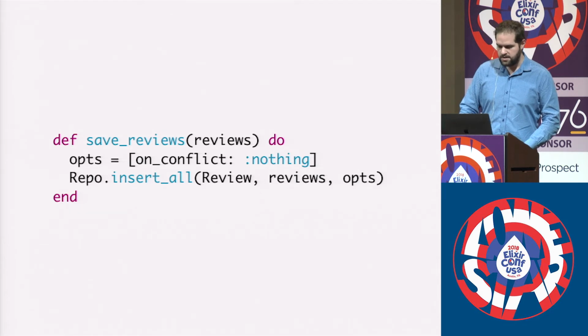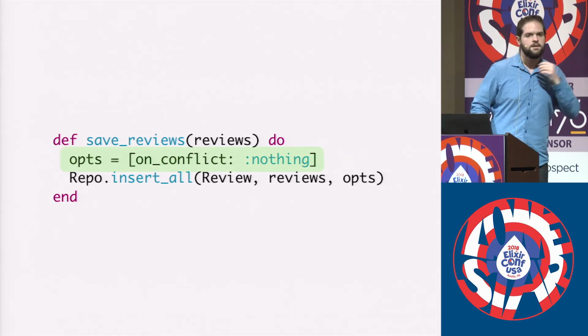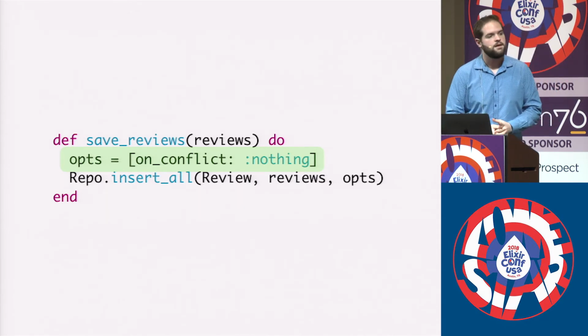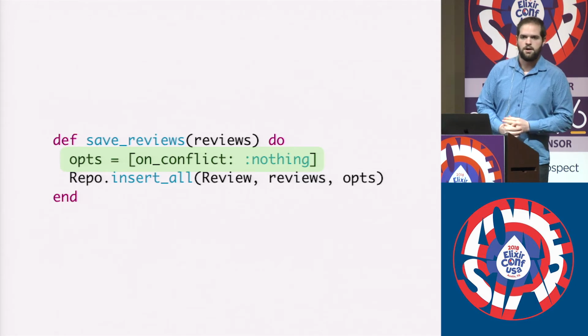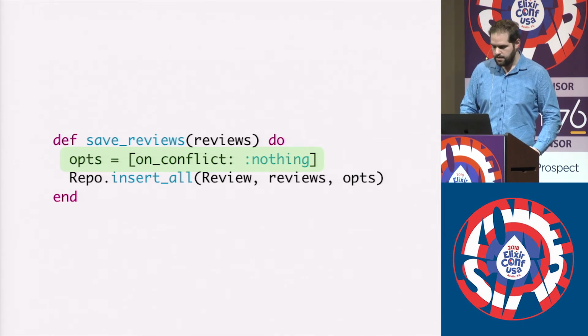And so basically, you'll notice here we're adding this special opts list that has the on conflict set to nothing, and passing that in when we do our insert all. And so that handles the SQL to actually do that. So again, another ta-da.